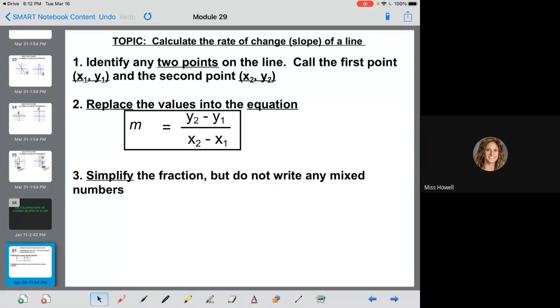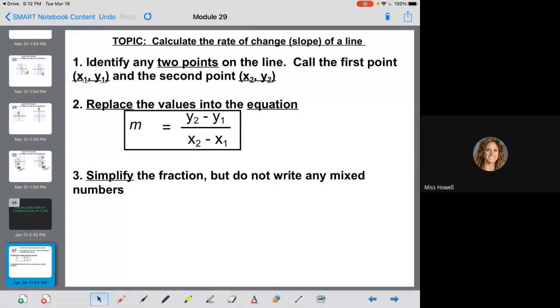We might be given a picture of the line where we have to gather 2 points ourselves, or we may be given a table of values of some of the points on a line, and we can use any 2 points. Any 2 locations on our line will help us get our rate of change or slope of that line. It doesn't matter which 2 points you use, because when you're done simplifying, it should give you the same exact slope or steepness amount or rate of change amount.